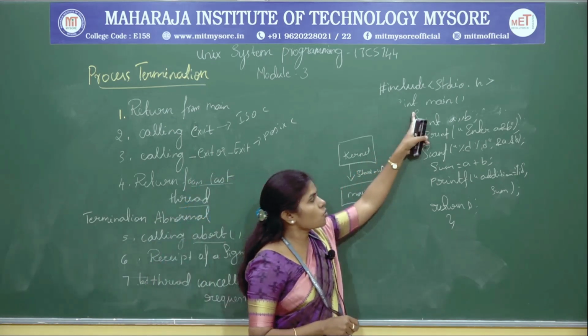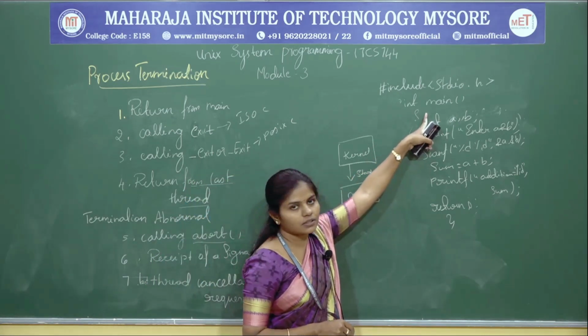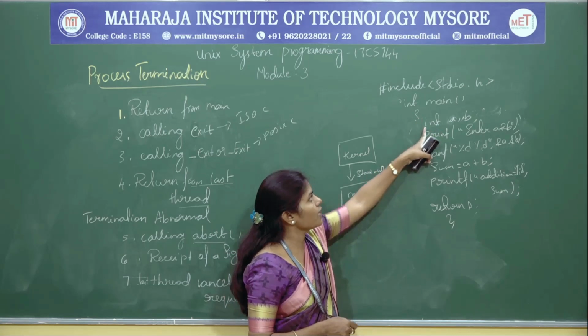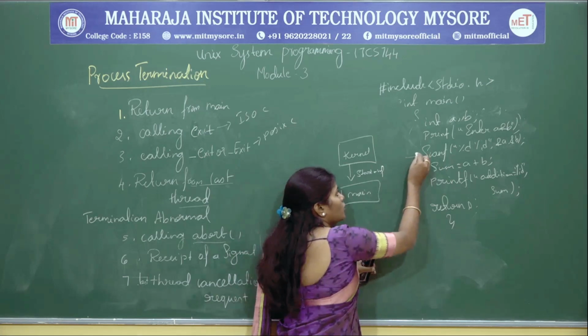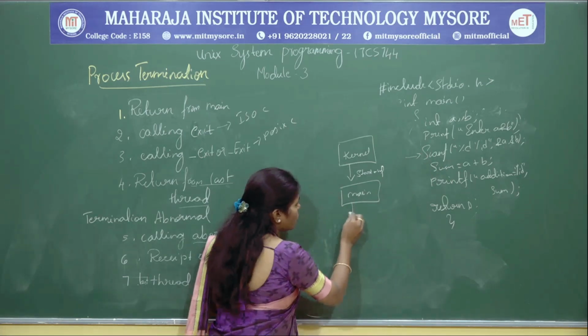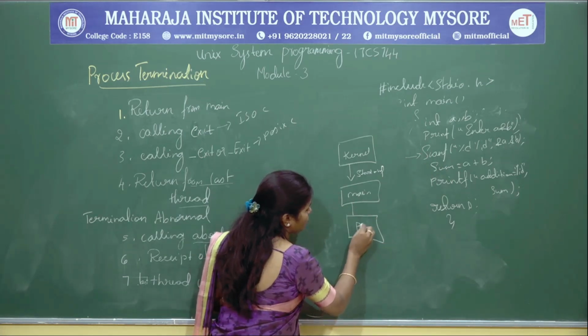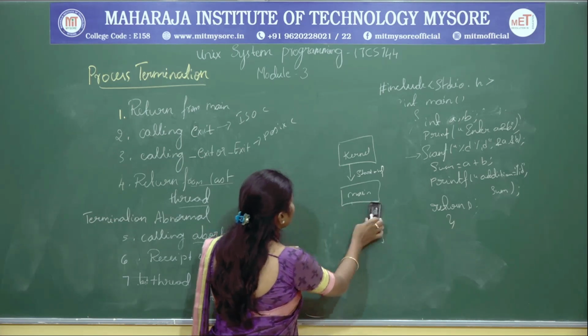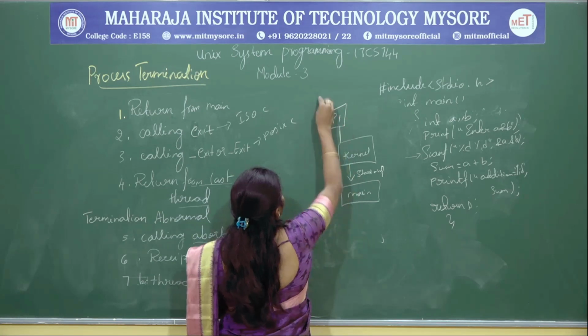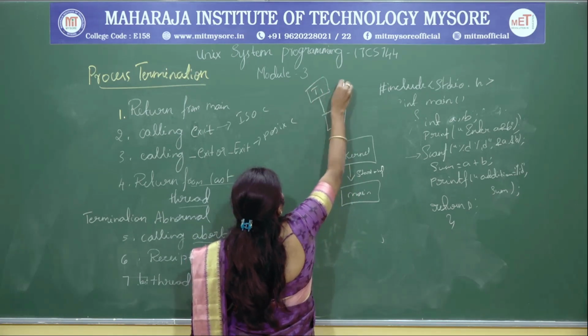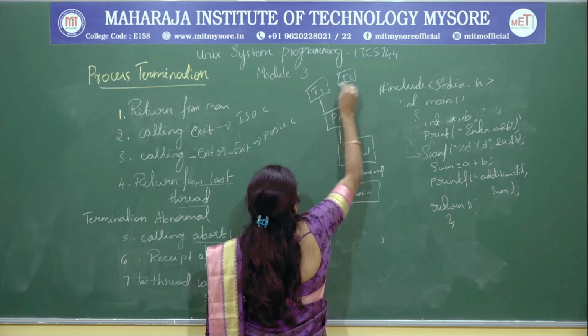The compiler is going to start with main, then fetch the first line, the second line and the third line. When it fetches the third line, the kernel is going to create the process, that is process 1. Process 1 is going to create thread 1, thread 2, like that, right?